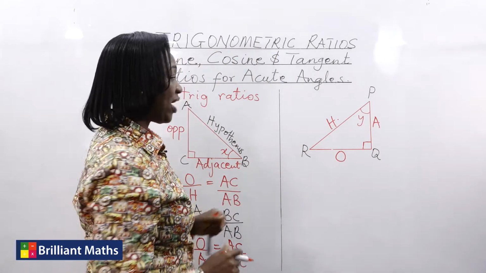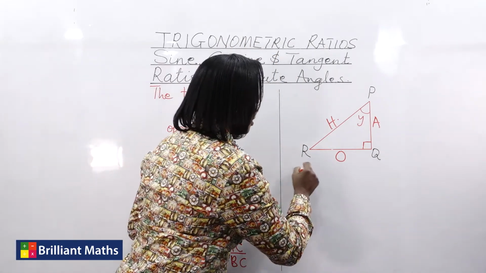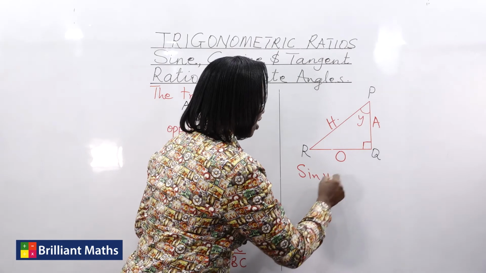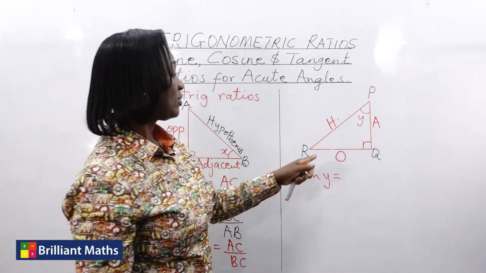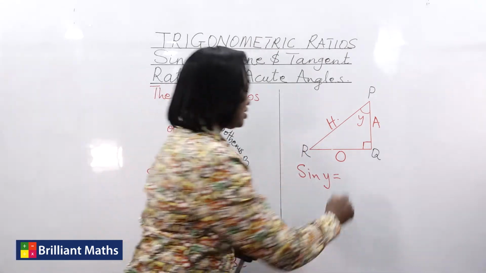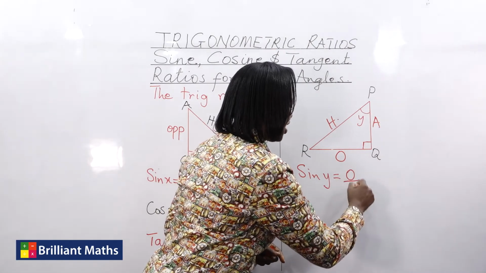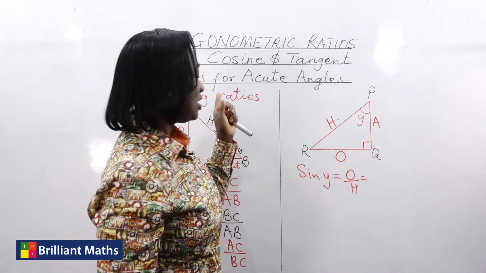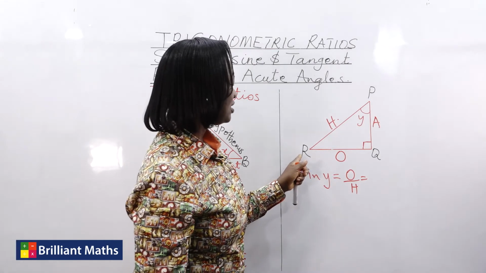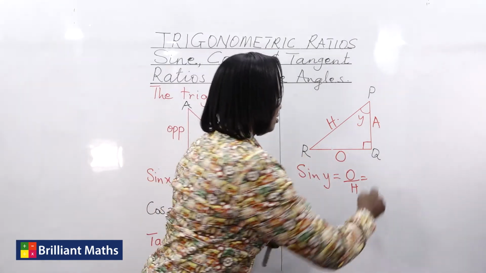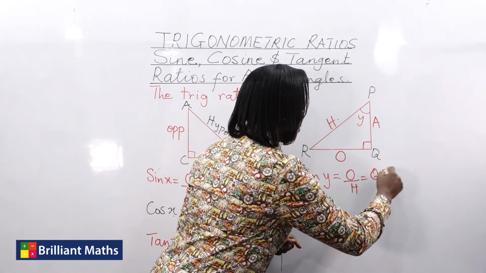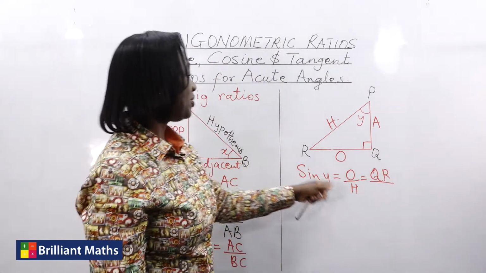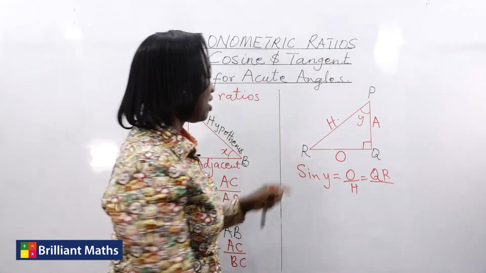In the same way, the sine of Y will be equal to opposite over hypotenuse, O over H, and that will give us the opposite is QR over the hypotenuse is PR.